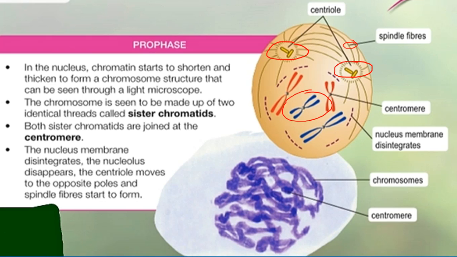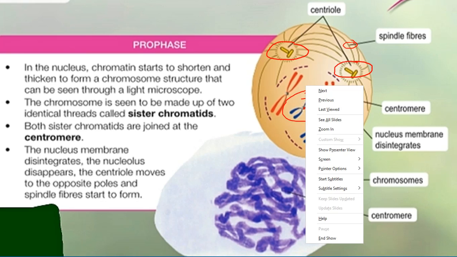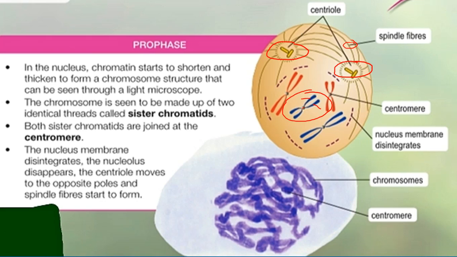So this chromosome is made up of 2 sister chromatid. Ini dan ini sister chromatid attached at the centromere. Sini, tengah-tengah ini, centromere.